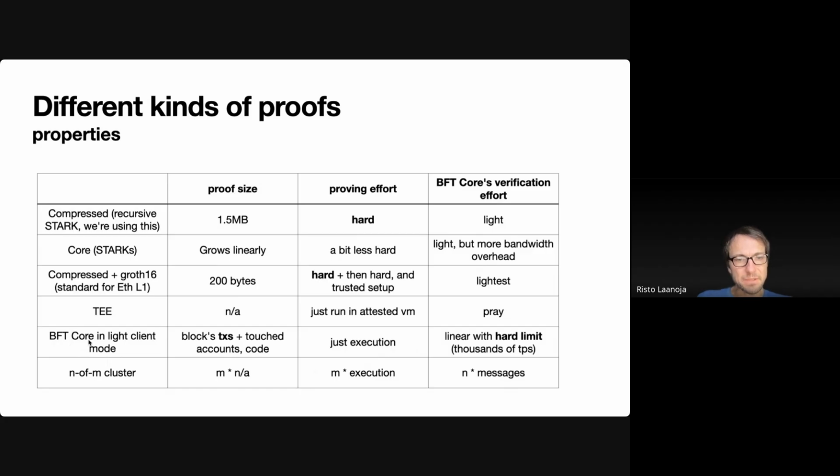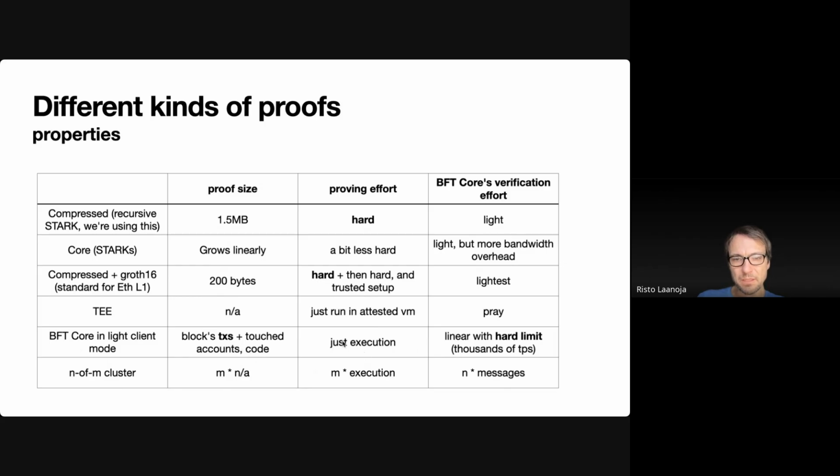If we are running this light client mode, the proof size is basically all the transactions, and whatever is needed for a light client to verify. It's basically a list of touched accounts and extracted contract code.